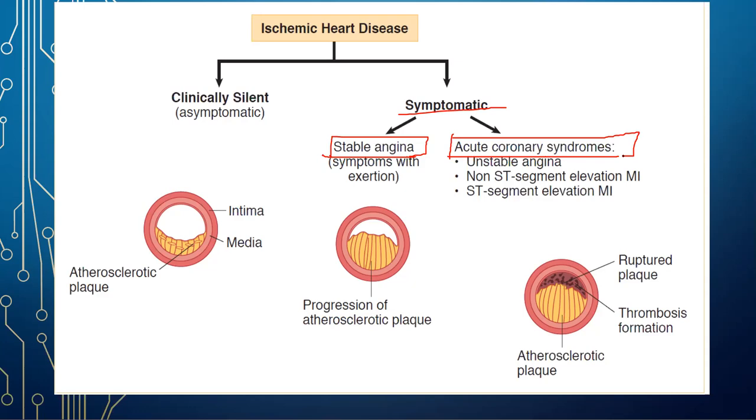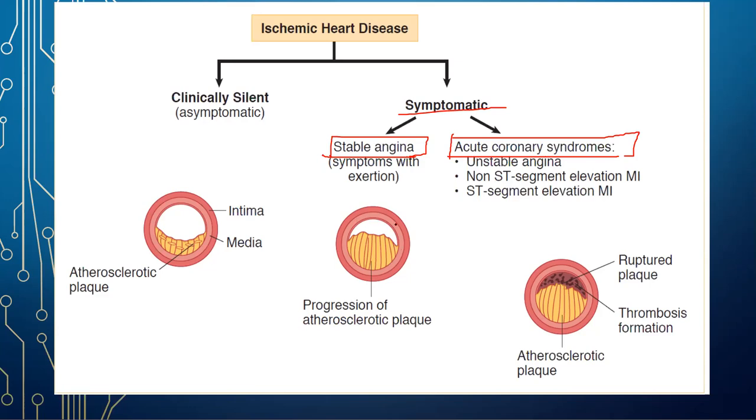Acute coronary syndrome is divided into unstable angina or myocardial infarction. Now, myocardial infarction has two subtypes: ST elevation MI and non-ST elevation MI. Okay, now look at this picture. This will give you an idea.